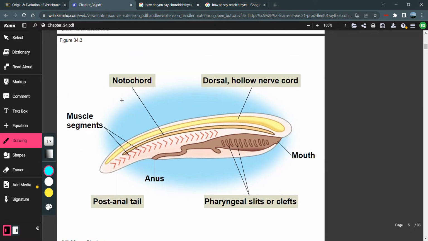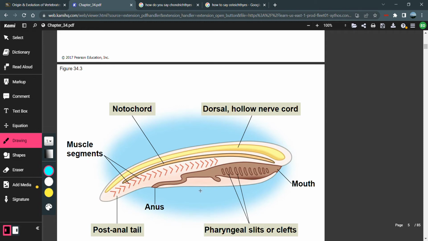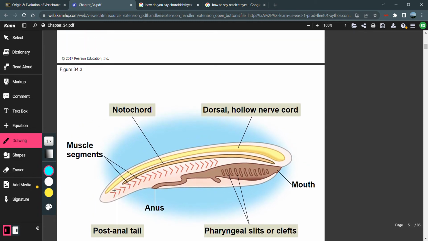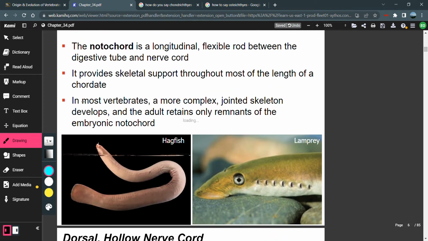So here is our base template of chordates. Here we have the dorsal hollow nerve cord, the notochord, the post-anal tail, the mouth, and the pharyngeal slits or clefts.